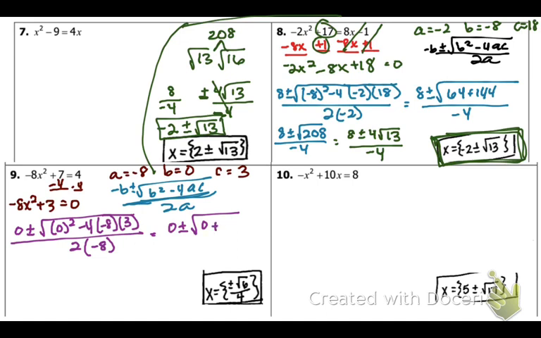That's going to give you 96 all over negative 16. Now 0 plus 96, this 0 here, we don't need it anymore, so I'm not going to write it. Now the square root of 96 is not a perfect square. So you're going to have to try and clean it up.